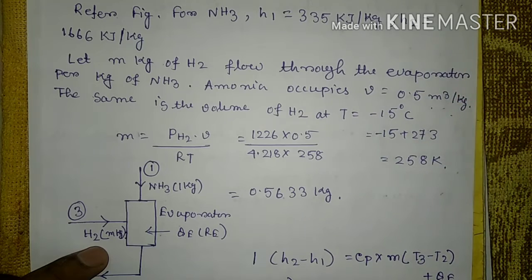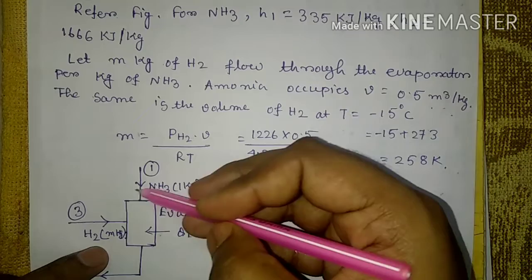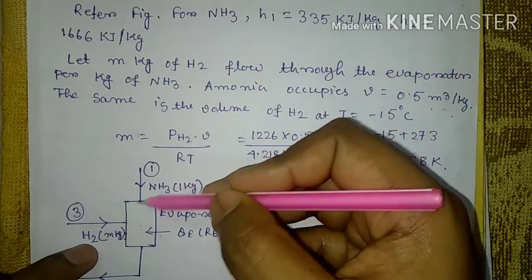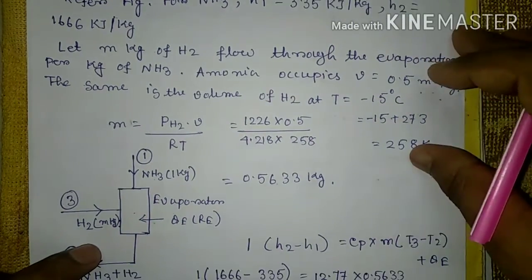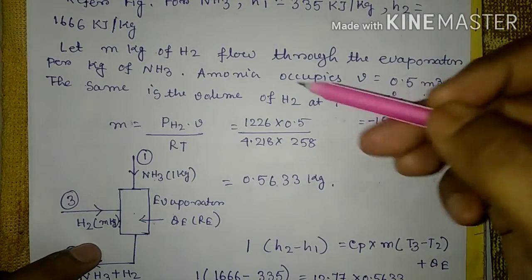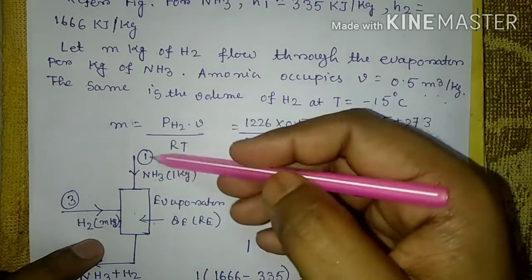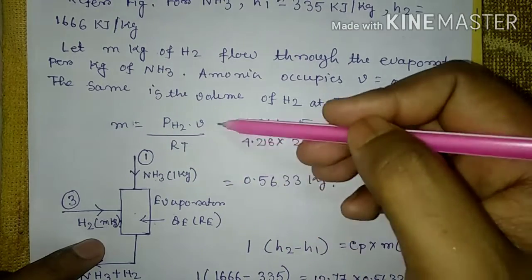This is the same as the volume of hydrogen at T equal to minus 15 degrees Celsius, because the evaporator temperature is minus 15 degrees, that is, 258 Kelvin. The amount of hydrogen mixed, M, as hydrogen is an ideal gas, follows PV equal to MRT.